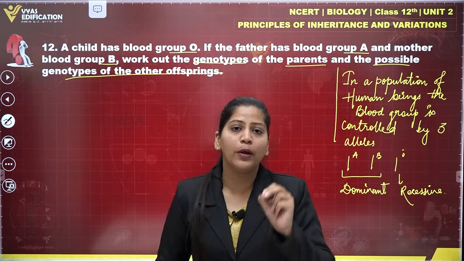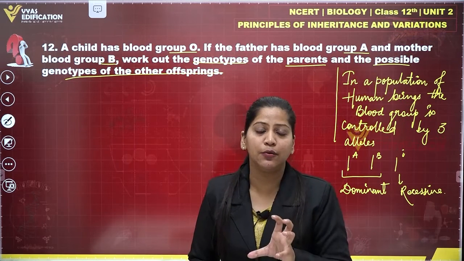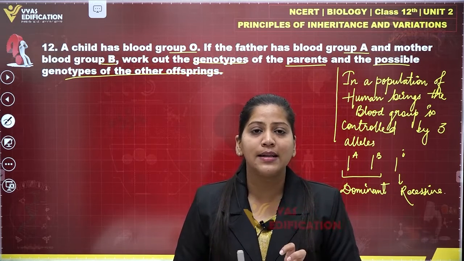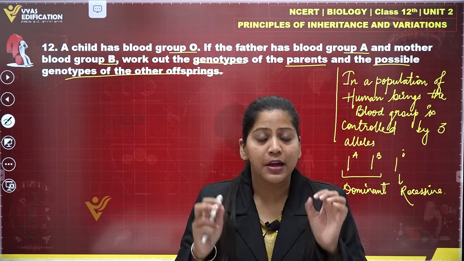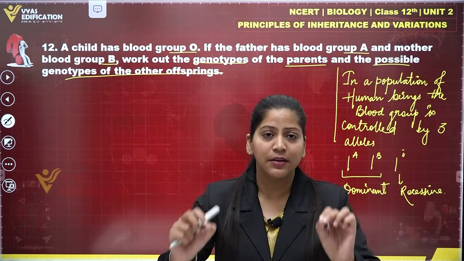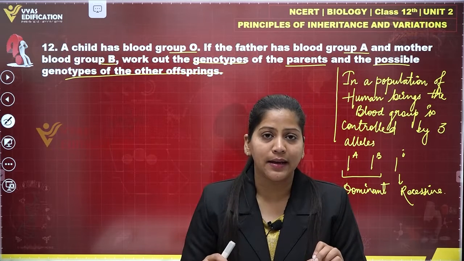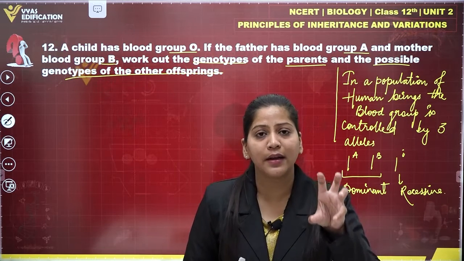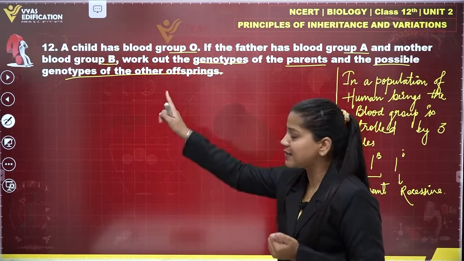Blood group O will express itself only when an offspring receives two i alleles, one from each parent.